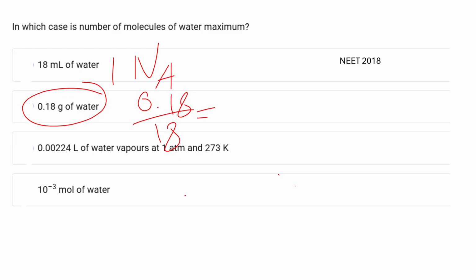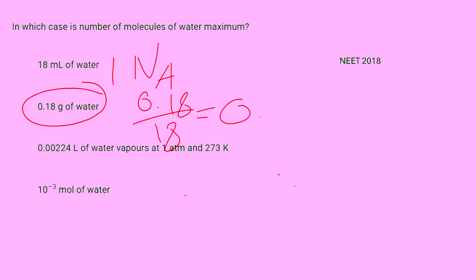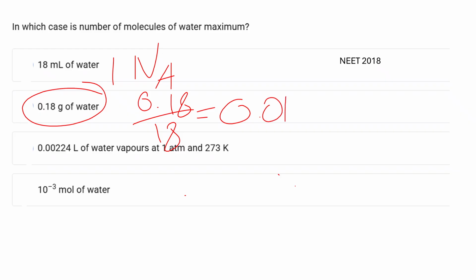It is 1.8 times 10 to the power minus 1 divided by 18, so 0.18 is 10 to the power minus 2 something, which is 0.01. 0.01 is the number of moles. Number of moles multiplied by Avogadro's number gives 0.01 Na. This is the number of molecules. This is very less.